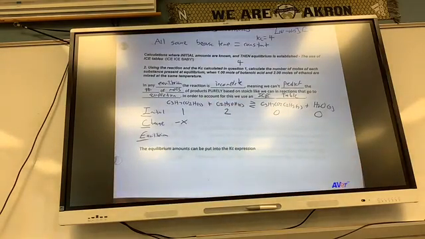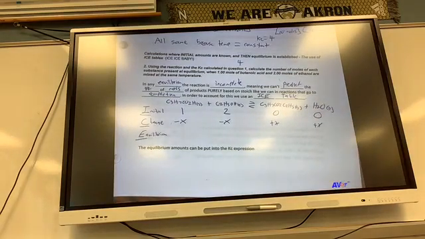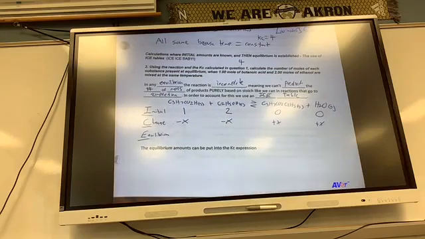This one has to go down by x, this one has to go down by x. My products have to go up by plus x, plus x. Now, what if there would have been a coefficient of 2 on this one? Then this would have gone down by 2x. So you have to watch out for that, but we're not worrying about that yet.